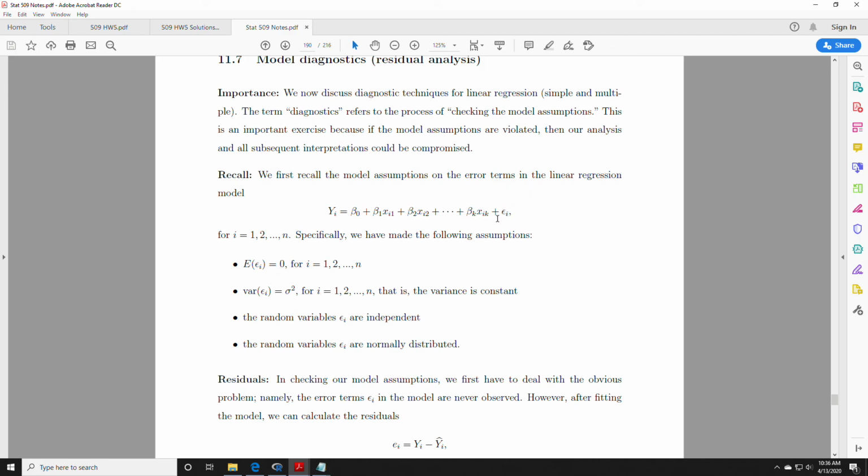We had this for simple linear regression, and we have the exact same thing for multiple linear regression. We assume that the expected value of these error terms is 0. We assume that they all have the same variance. We assume that they're independent, and we assume that they're normally distributed. Next time I think we'll start showing how we could verify that.